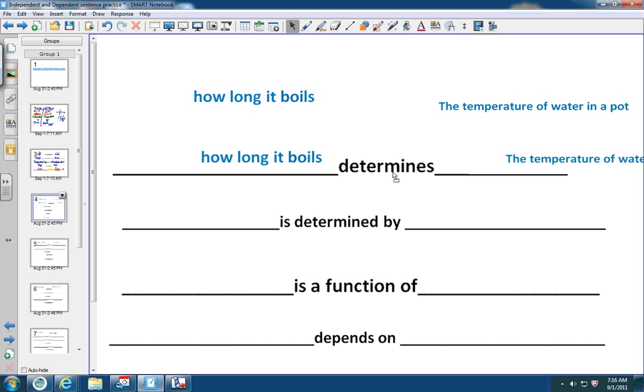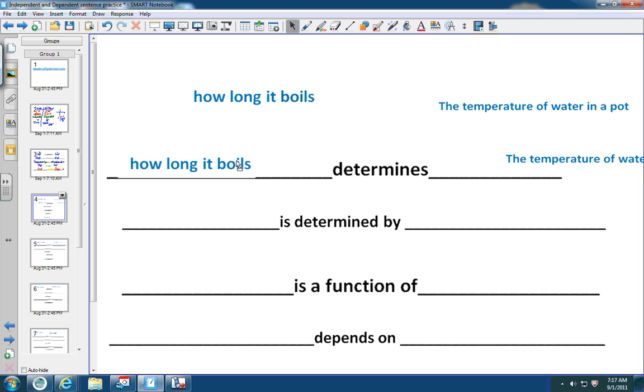Let's see if I can move this over a little bit. Down here is determined by. See, this was determines, that one that was independent and dependent. Here's the time. There's the independent.